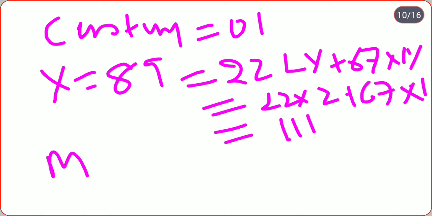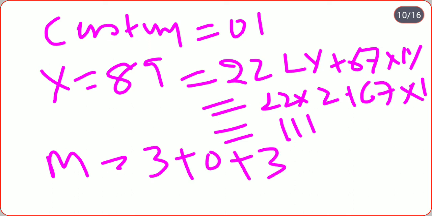Next, month code: January 3, February 0, March 3. February is 0 because 1990 is not a leap year; in a leap year, February would get 1. So January month is 3 odd days, February 0 odd days, March 3 odd days.